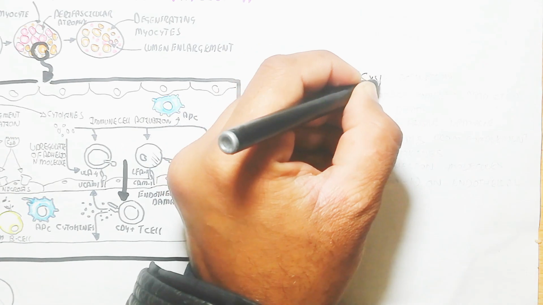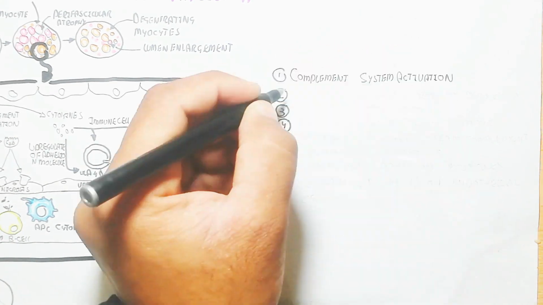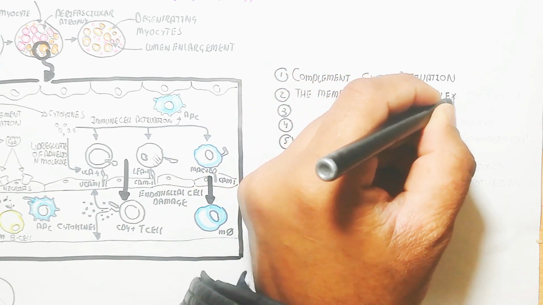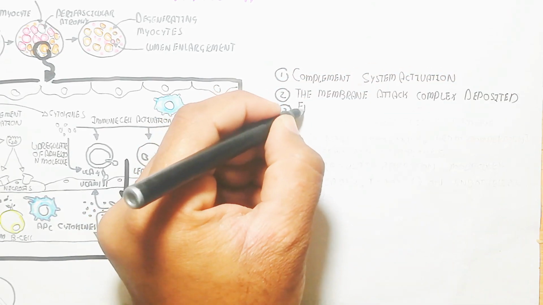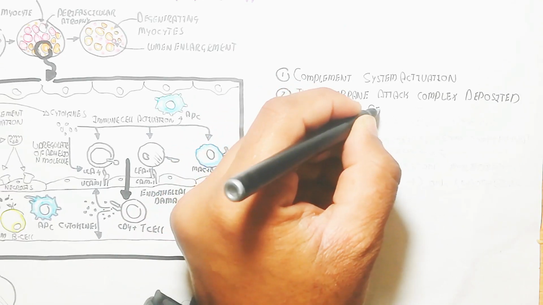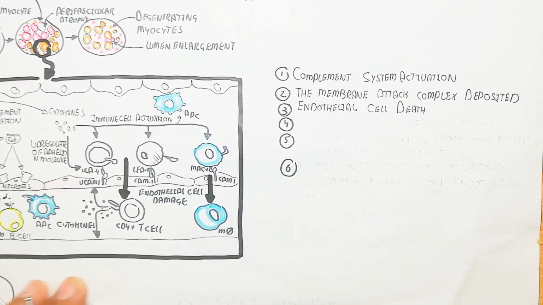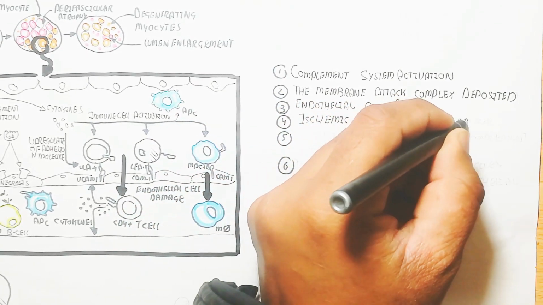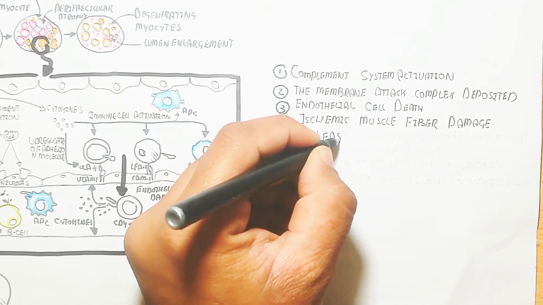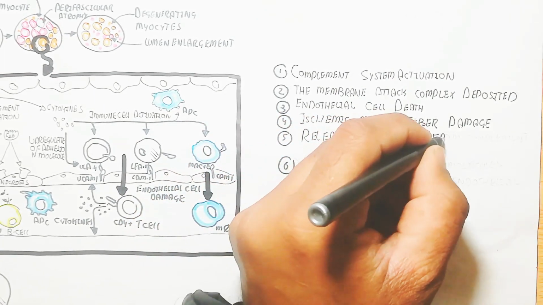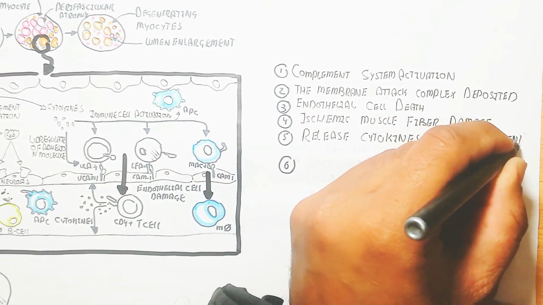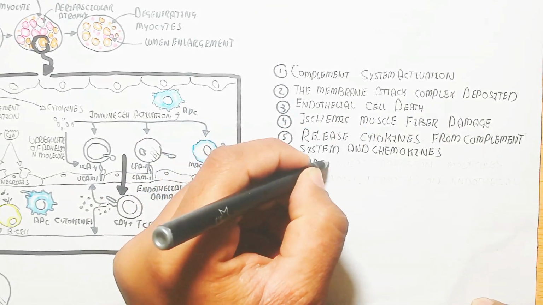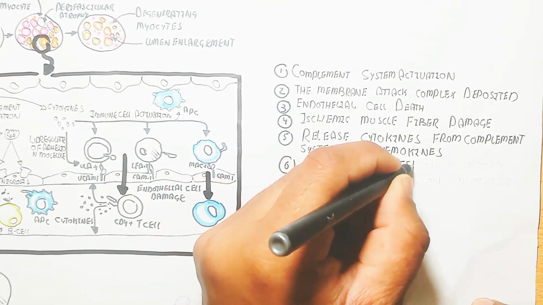The complement system activation, number one. Number two, the membrane attack complex is deposited into the endothelial cell, and the endothelial cell death will occur. This will lead to step 4, the ischemic muscle fiber damage. Ischemic muscle fiber damage means the ischemia will occur due to less oxygenation of the myocyte of the muscle. Step 5 is the release of cytokines from the complement system and chemokines produced.